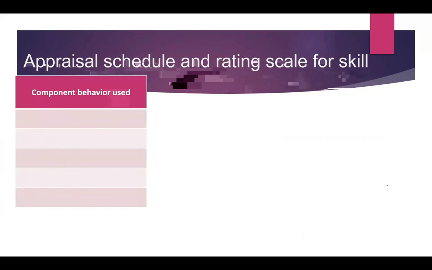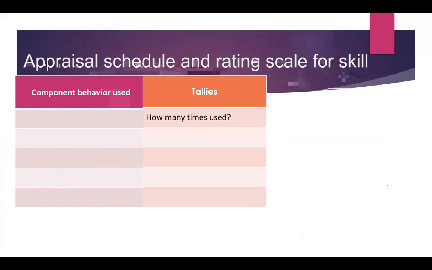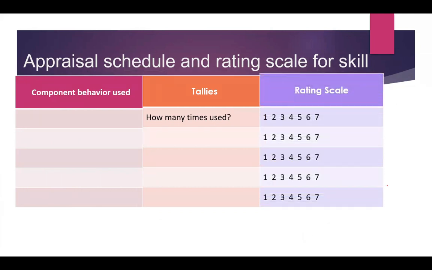First we are using the components of the behavior, and then we give the tally marks, how many times this behavior has been shown by the teacher, and then accordingly we give the rating on that scale. And one more thing, we are calculating the average rating of the skill by summing up the tallies, and we divide them by the number of components.